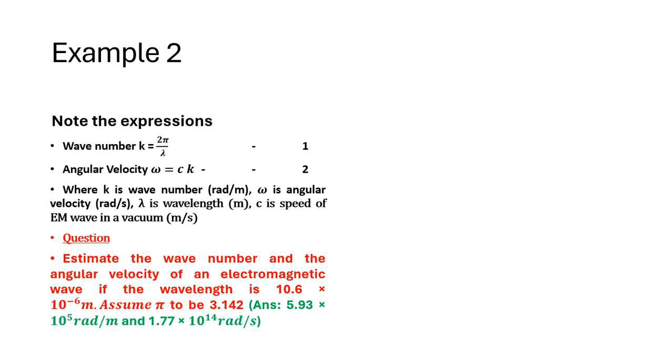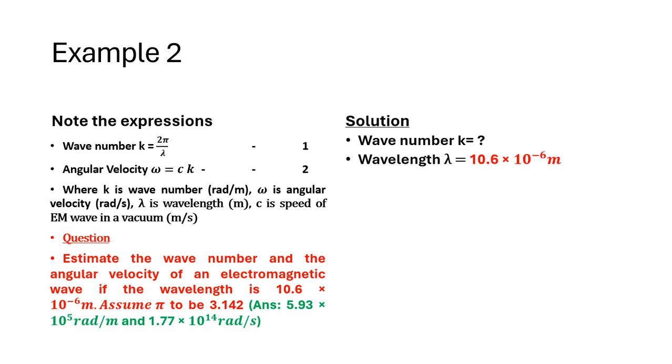Let's get started. Solution. Wave number is k equals. The wavelength is given as 10.6 times 10 to the power minus 6 meters. If we apply equation 1, k equals 2 pi over lambda, we substitute the value of pi and the value of the wavelength into lambda.